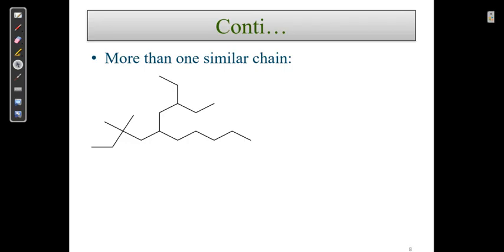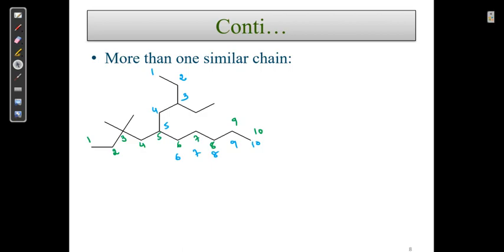If you see here, I give the number 1, 2, 3, 4, 5, 6, 7, 8, 9 and 10. One possibility is this one. Another one is 1, 2, 3, 4, 5, 6, 7, 8, 9 and 10.